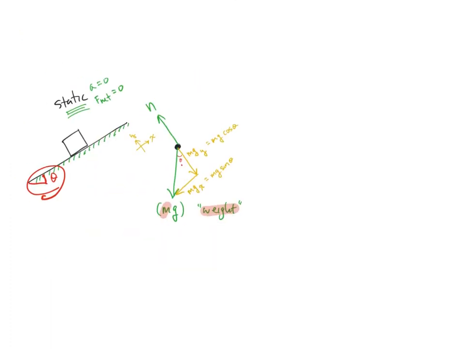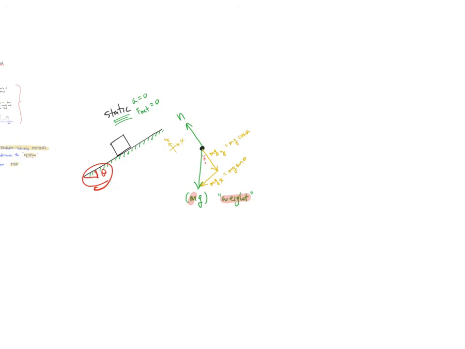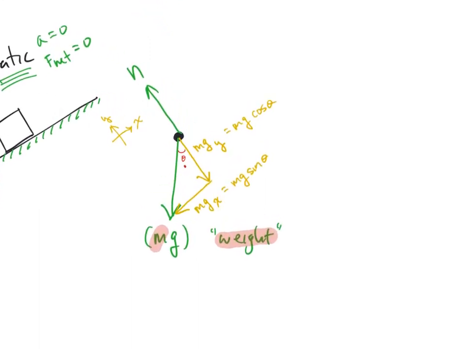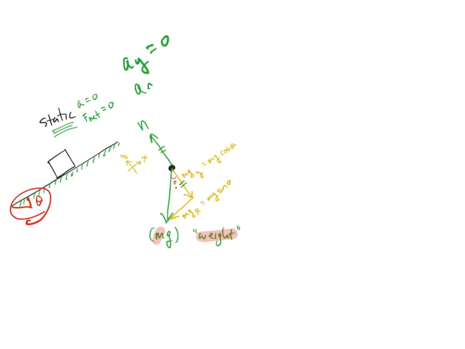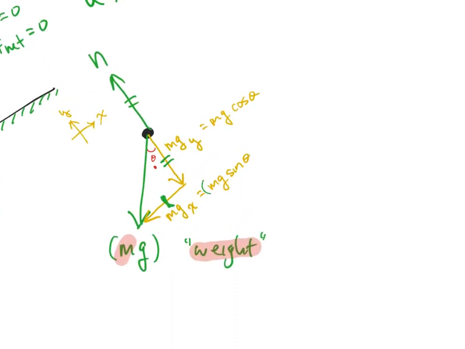So now, if we look at this, a is 0. That means ay has to be 0, which means these two y forces have to be equal, right? These two have to cancel in order for ay to be 0. But ax must also be 0, which means that I need another force to cancel this one. mgx, the mg sine theta, whatever that is, I need a force to cancel it.